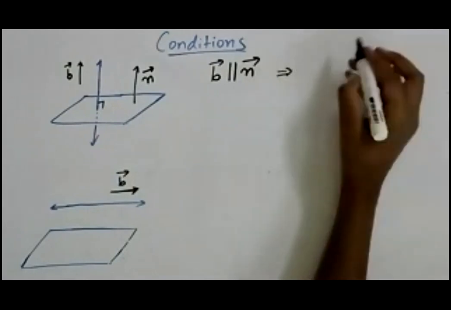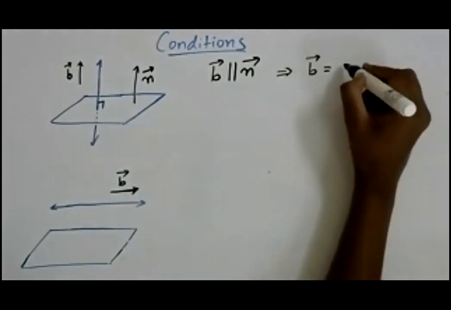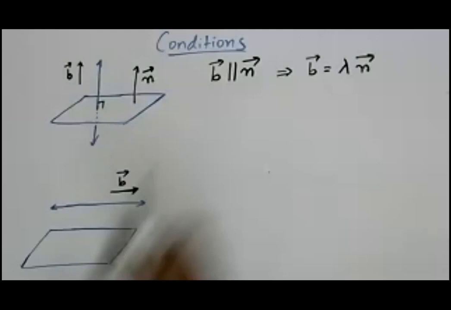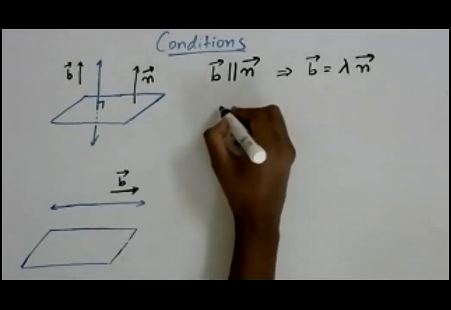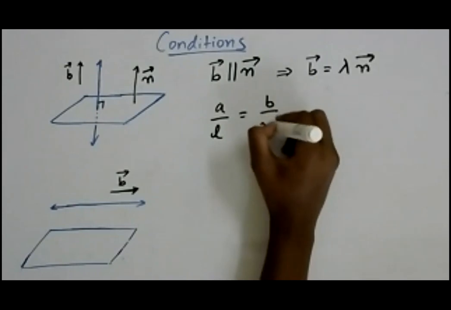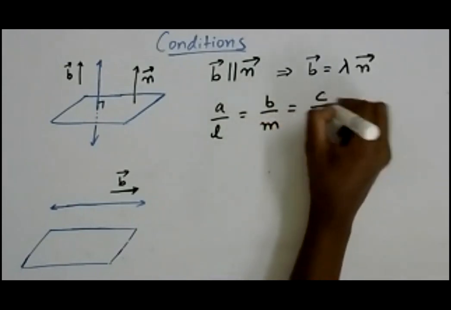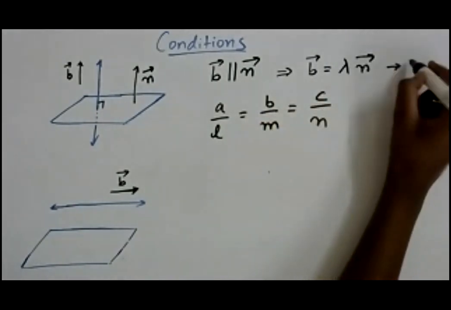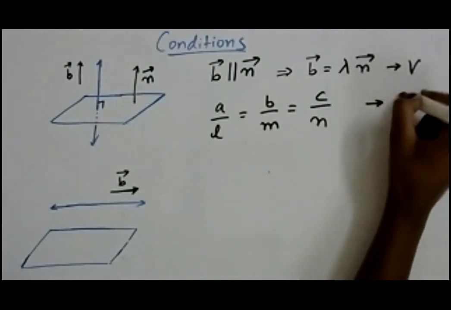This implies I can write b vector = lambda times n vector. This is in vector form. In Cartesian form, we would have a by l = b by m = c by n.